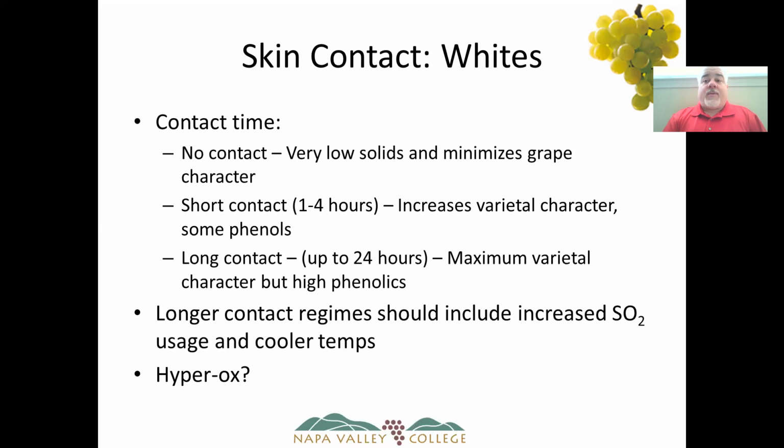Maybe it's what you want, but you've got to be careful. Too many phenols, for most white wine varieties, is not what you want. The long contact, up to 24 hours, gives you the maximum varietal character, but you're getting high phenolics.